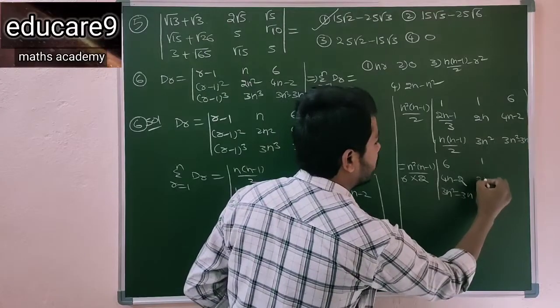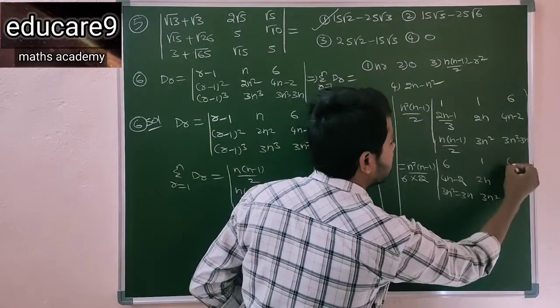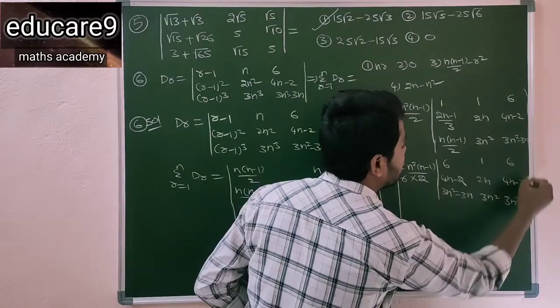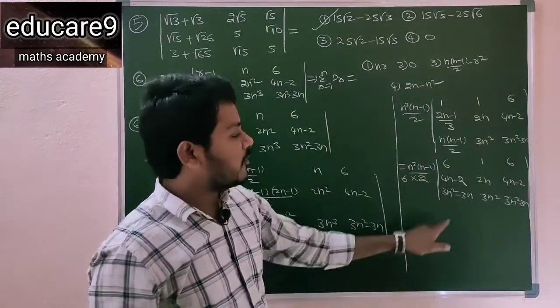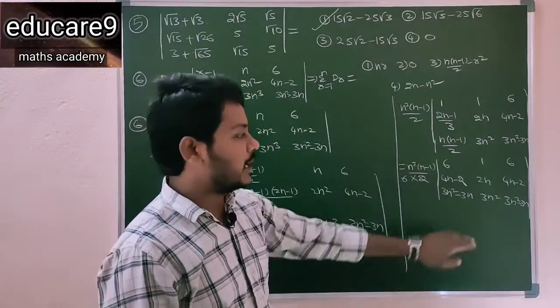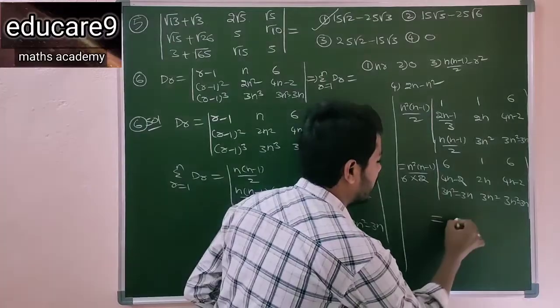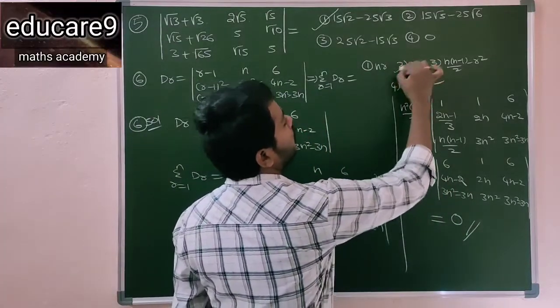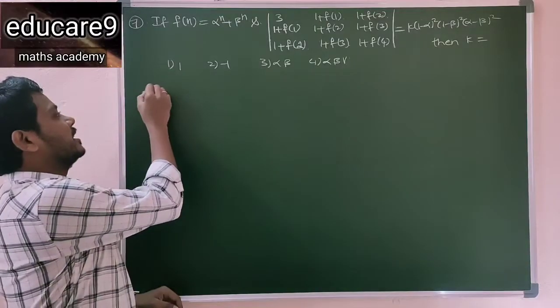Next here 1, 2, 3n square, 6, 4n minus 2, 3n square minus 3. So clearly the first column and last column are identical. Therefore the determinant of this value is 0. So clearly option 2. So see the next one.